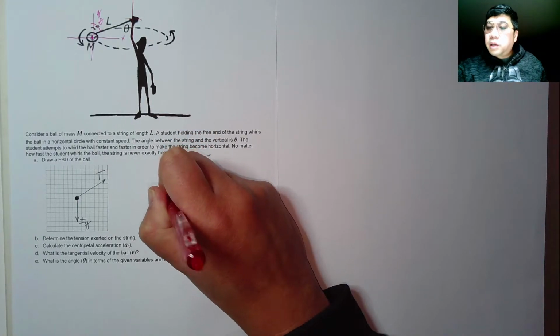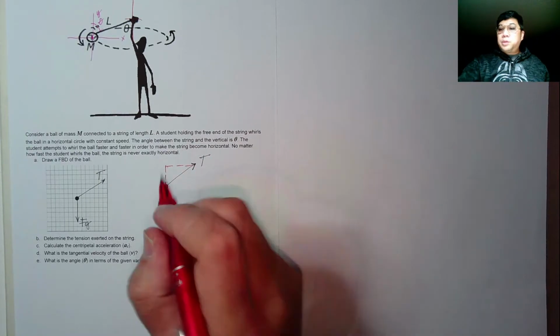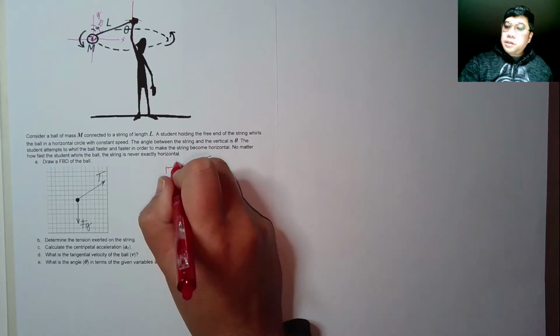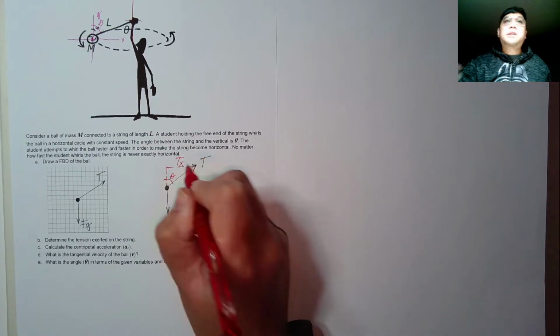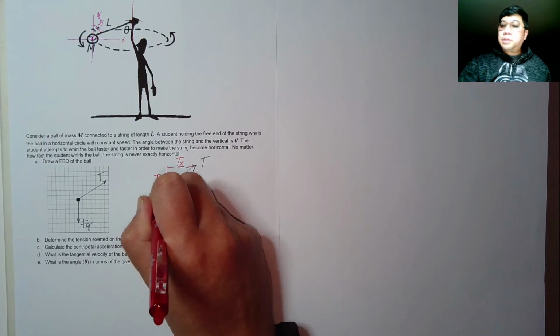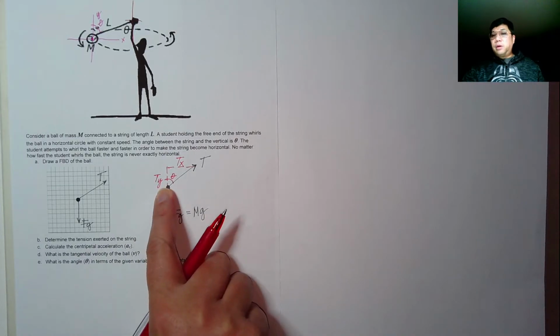Let's draw those dotted lines for our x. So if this is angle theta, this is tension X, and this one is our Y component of our tension.